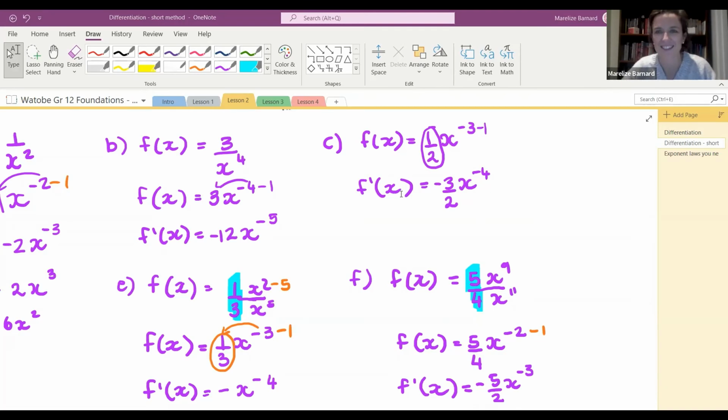So, ma'am, Tapisa is asking, can't we use the exponent with the largest number to subtract from? I assume she's talking about numerator and denominator in this case.